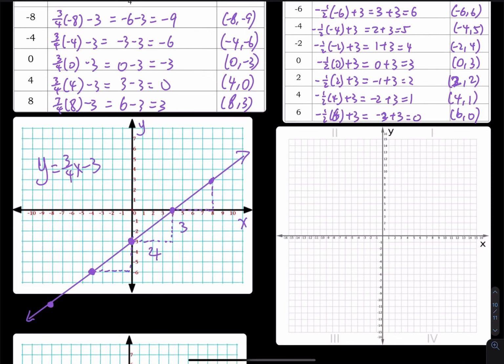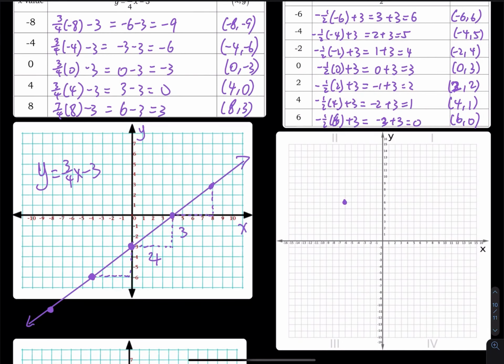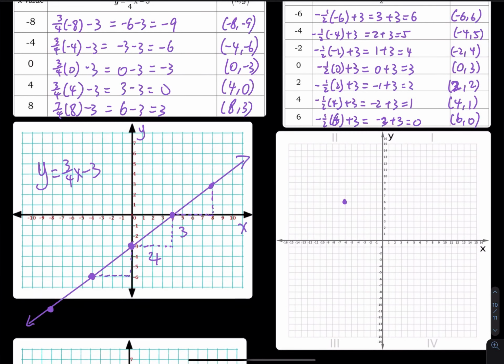Negative 6, 6, that is right here. And then negative 4, 5. And then negative 2, 4. And then 0, 3. So the pattern is 1 unit down and then 2 units to the right. And then we have 2, 2; 4, 1; and then 6, 0.